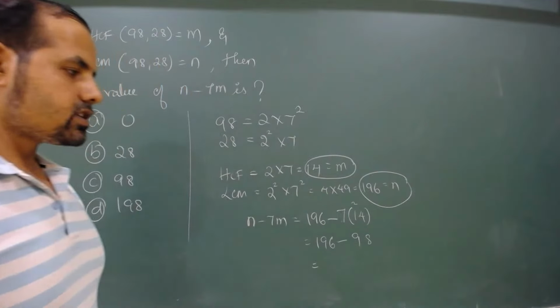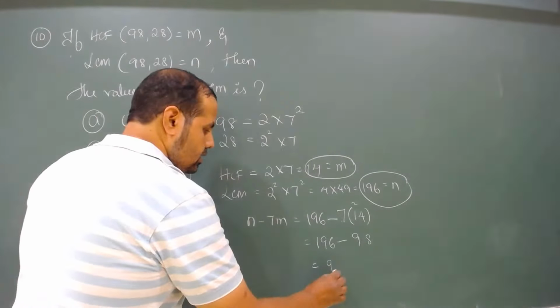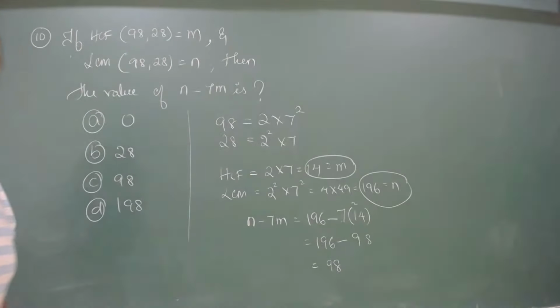So 196 minus 98 will be the required answer. 98 is the required answer.